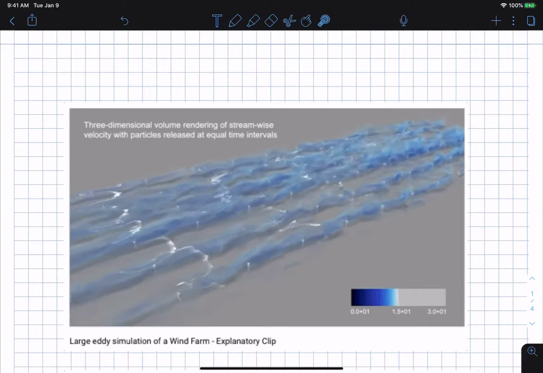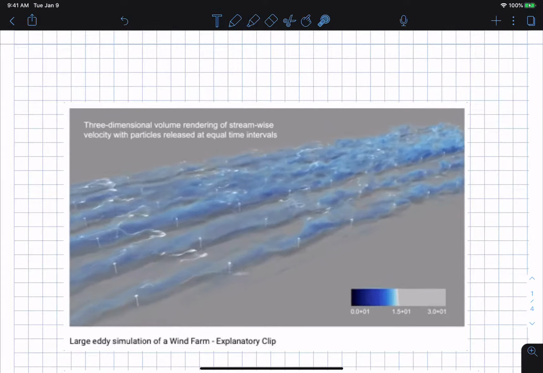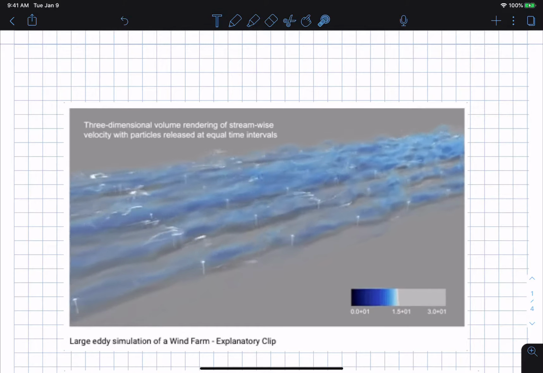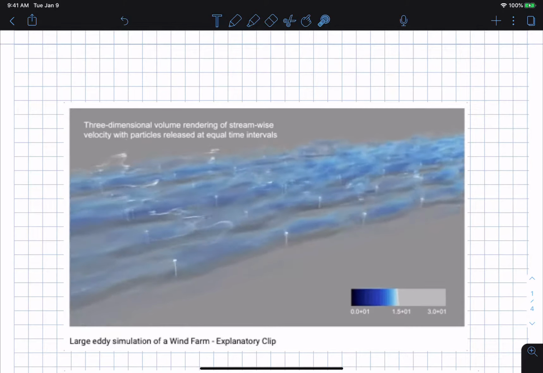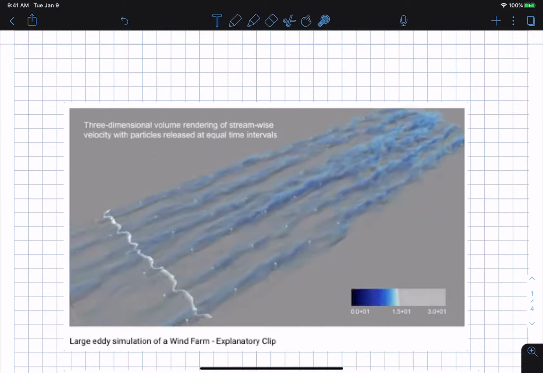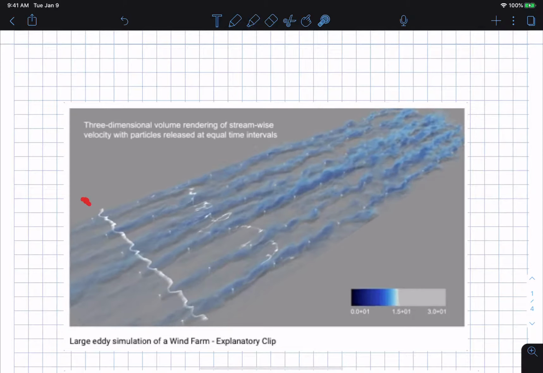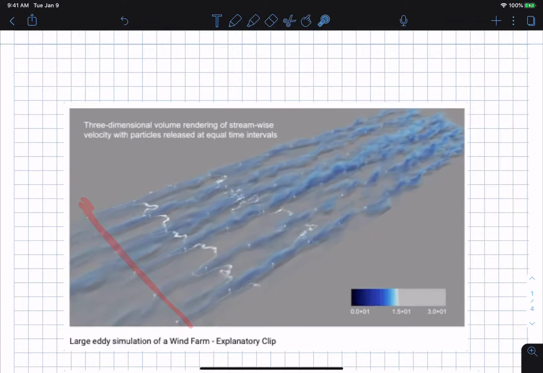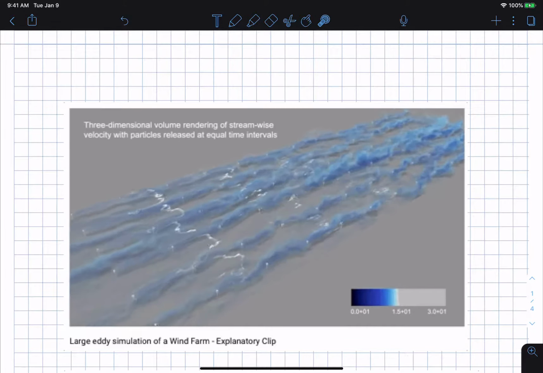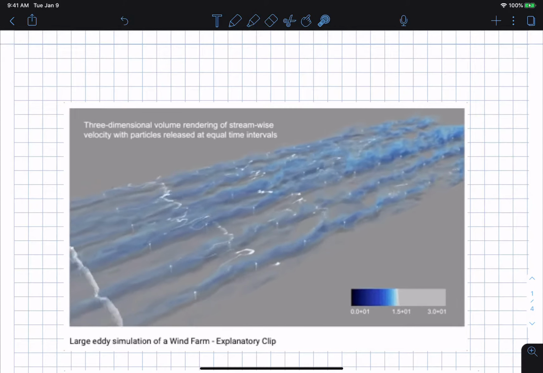And we will go over what these white lines are here in the next lecture, and those are called timelines. And I'll let it loop over again. And what they're doing is from this point here, they are releasing a bunch of particles and then following them in the flow to basically understand how the fluid moves.